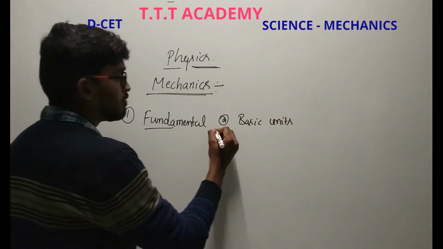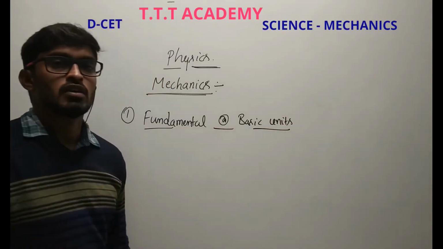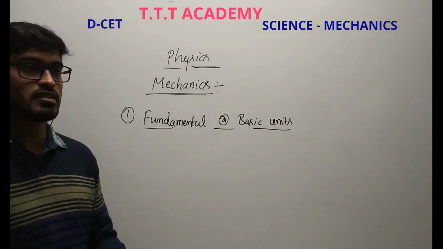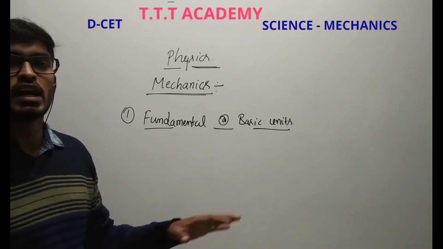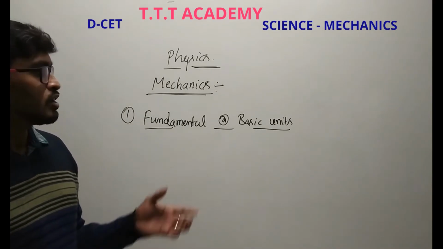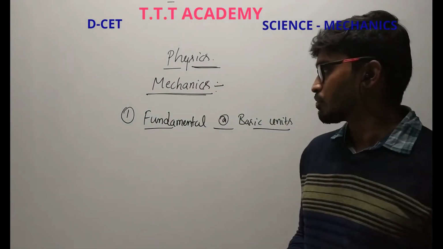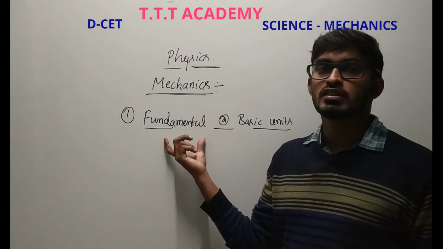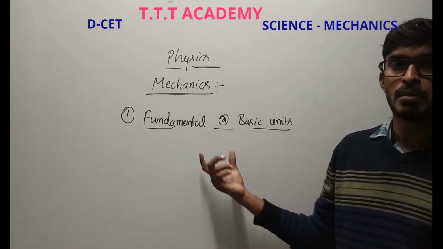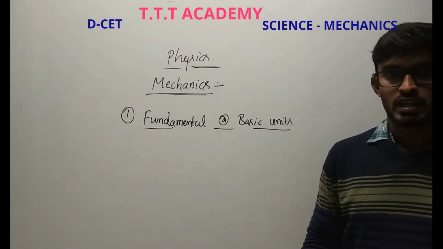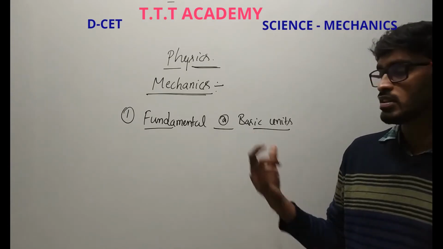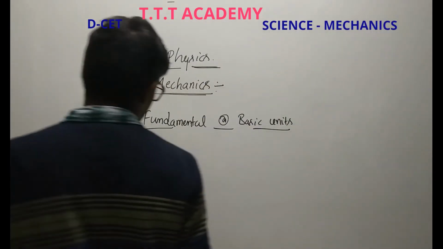What is the meaning of fundamental or basic units? Fundamental means it is the base. It does not depend on any other physical material. That kind of unit is called a fundamental unit. These fundamental units are independent, and do not depend on any other basic units.